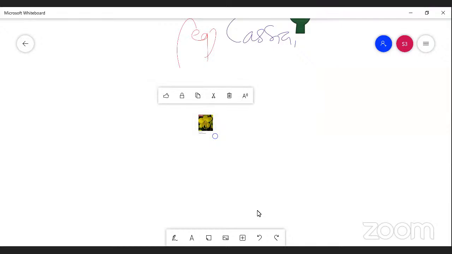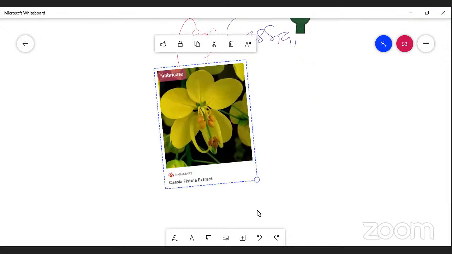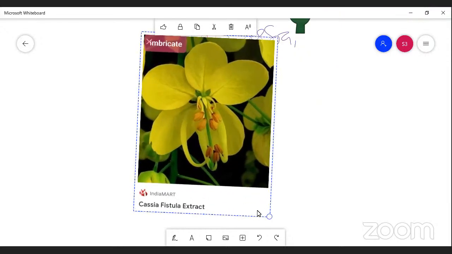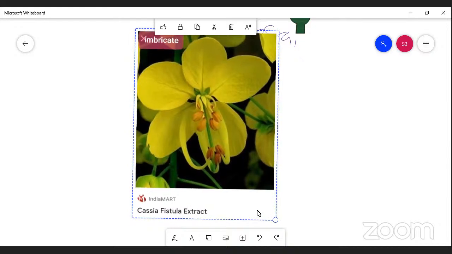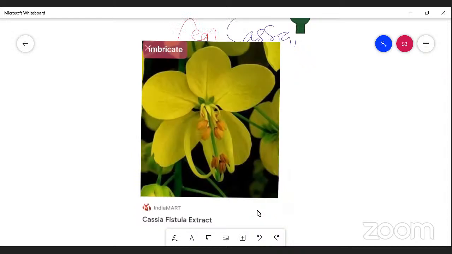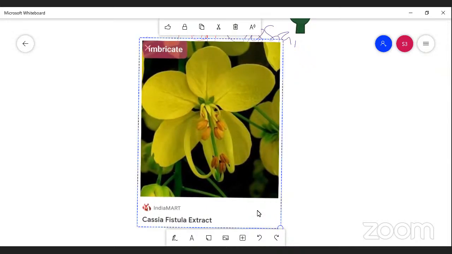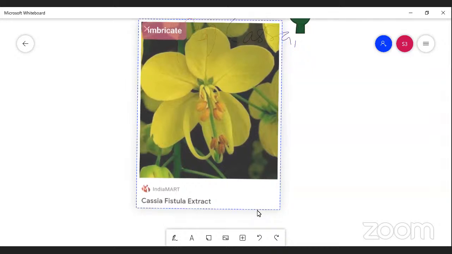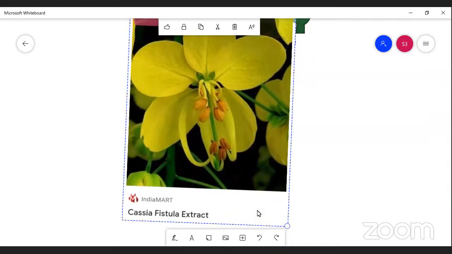It is a very interesting topic, right? This is a flower, Acacia fistula, in which you find the arrangement of the petals. It is yellow in color.